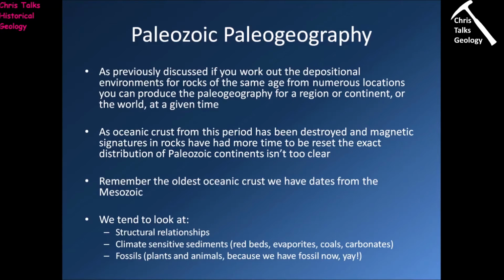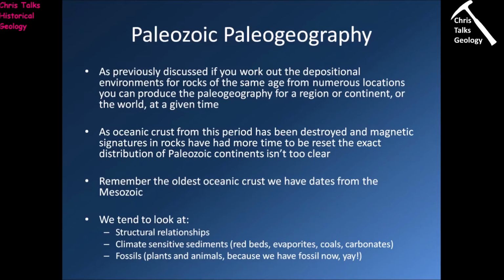Because most structural changes in rocks will be related to convergent plate tectonics or divergent plate tectonics. So if we look at the rock record, we can look at the structures and the deformation in the rocks, and we can start to say, right, these two pieces of rock during this time period were clearly moving towards each other, and then they ran into each other and formed a mountain range.